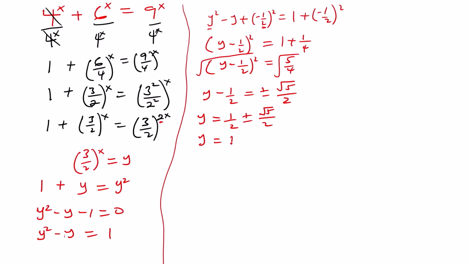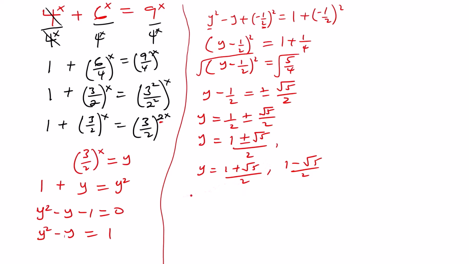So we have 1 plus or minus root 5 over 2. So it means we have two answers for y. The first one is y equals 1 plus root 5 over 2, or 1 minus root 5 over 2. When you simplify, this one is negative, and this one is positive.